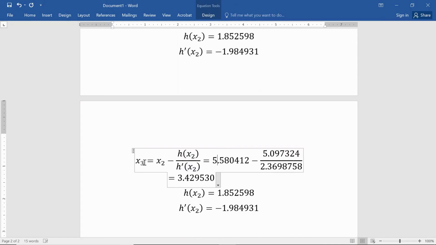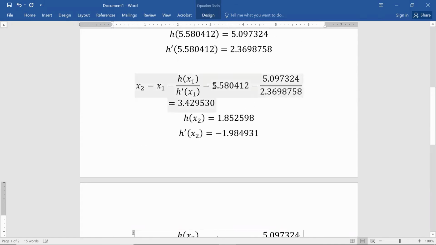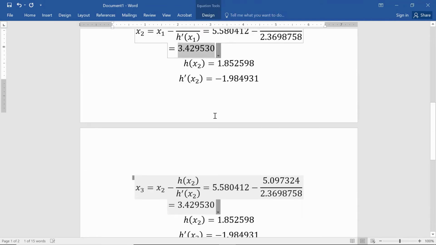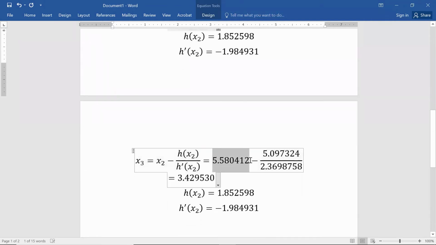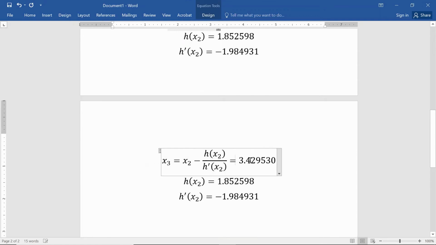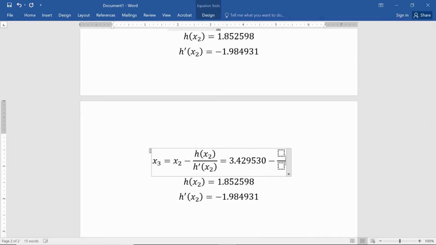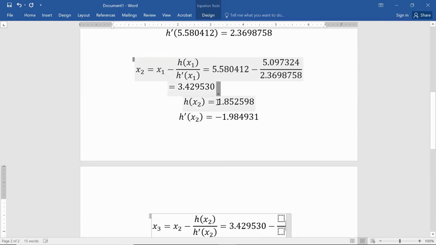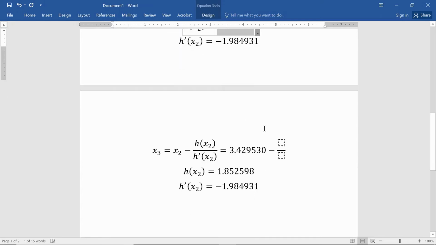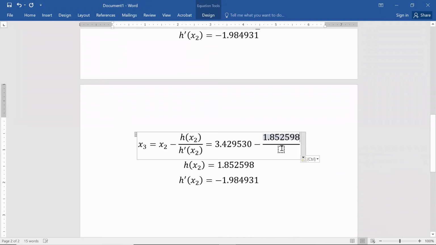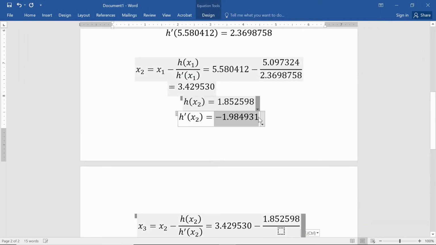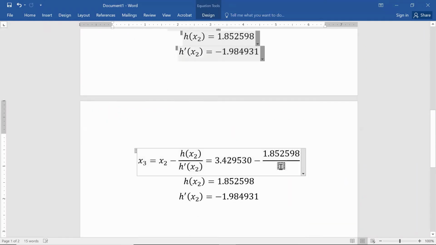So take our second value, minus the fraction, and the numerator of that fraction is the output of the function. In the denominator of the fraction is the output of the derivative.